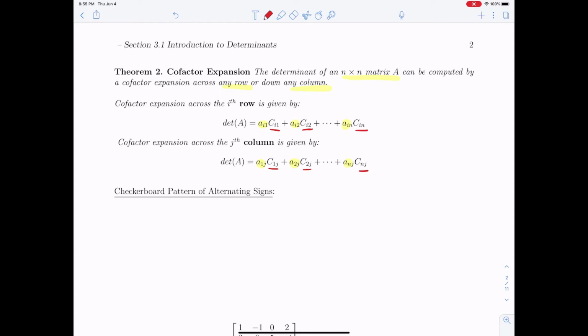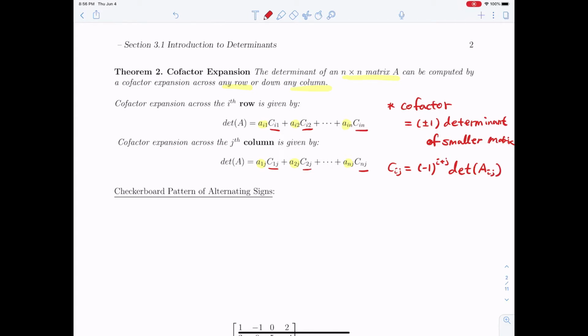Here, cofactor means, again, plus or minus 1 times the determinant of a smaller matrix. Basically, Cij is given by (-1) to the i plus j multiplied by the determinant of A, but you have to remove the ith row and jth column.